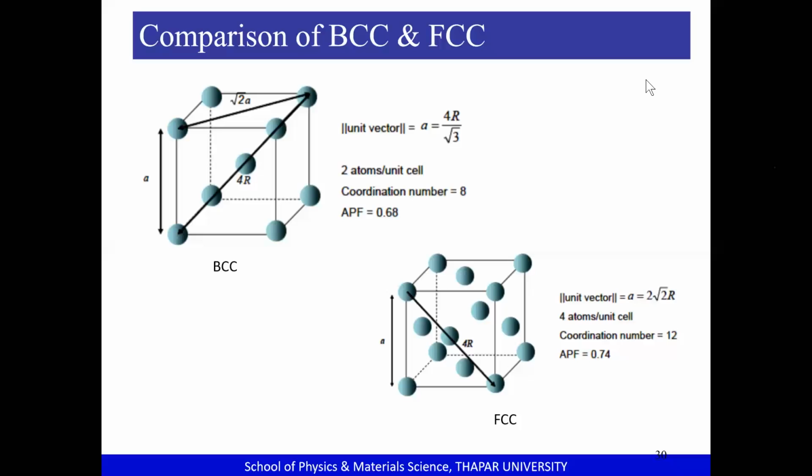Okay, there is a query for coordination number and APF for a body-centered cubic structure. We will come to the body-centered cubic structure at a later stage. That was the pending question yesterday also. But it's very easy, because you can say it is half of an FCC structure.